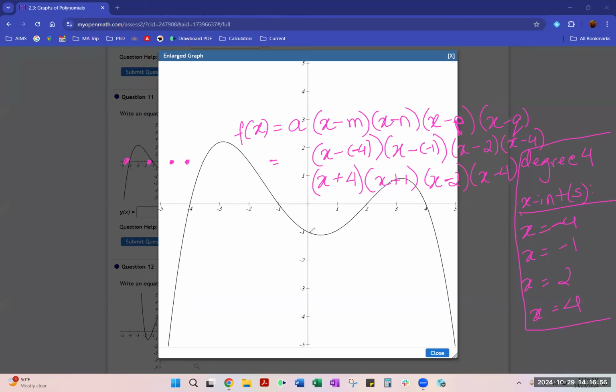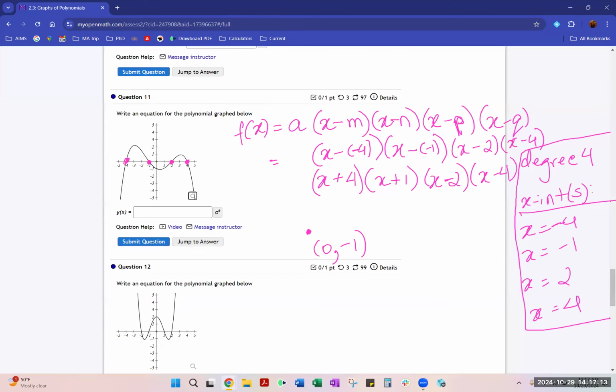You can see our y-intercept, where the graph is crossing the y-axis, happens to be at this point, which is, of course, the point 0 for the x value, -1 for the y value. So your y-intercept is going to be at 0, -1. Using that, let's go ahead and put that in here.